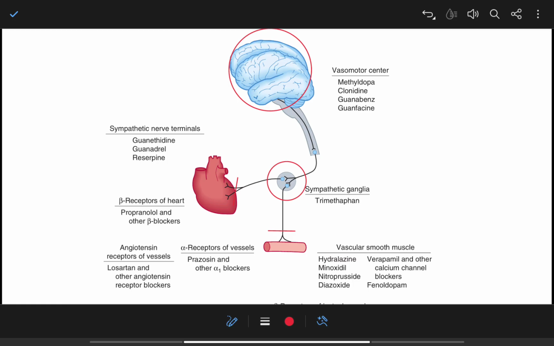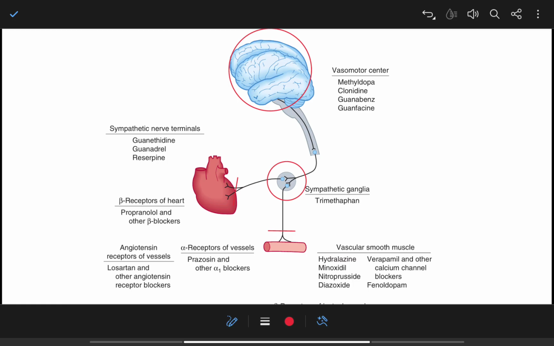They are trying to inhibit the sympathetic nervous system. So you can see from this diagram that they are further divided into various classes. Please don't mind the noise in the background.